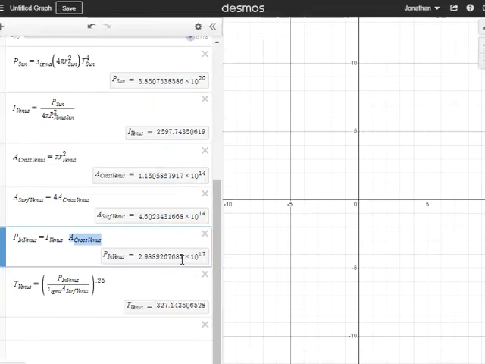And finally, we take that number to find the temperature. We take the 1/4 power of the power into Venus divided by Stefan Boltzmann's constant divided by the area of the surface of Venus. And it comes out to be 327 Kelvin.